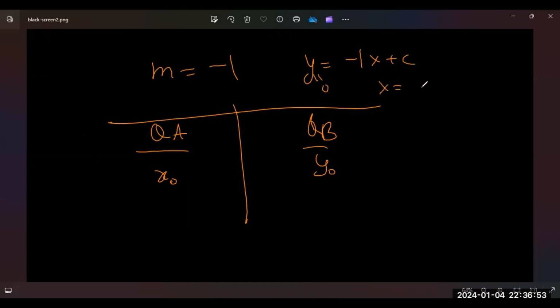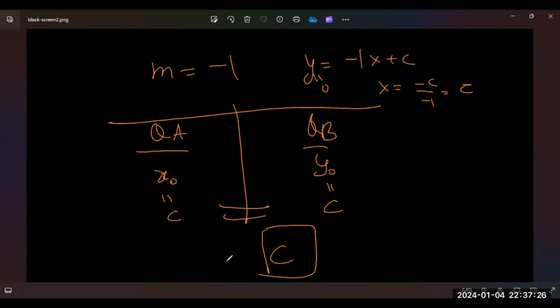So you get x as minus c by minus 1, which is c itself. So this is c. What about the y-intercept? Put x as 0, you'll get c. So what do you think the answer is going to be? Both of them have come out to be c. Equal. So both of them are equal to each other. It is option C.